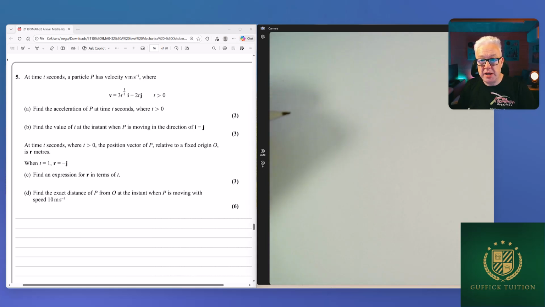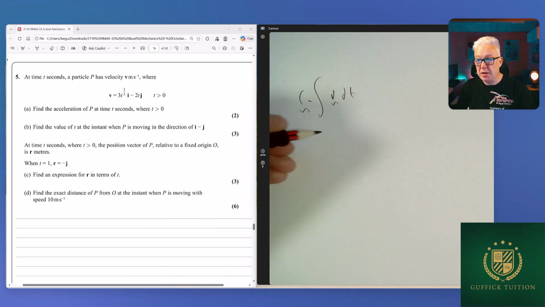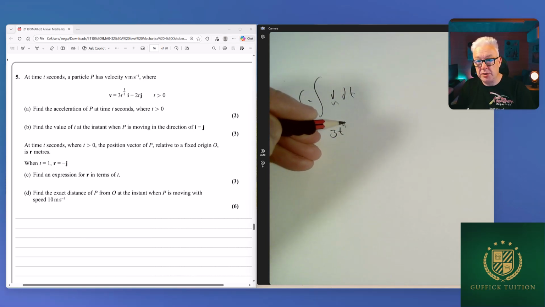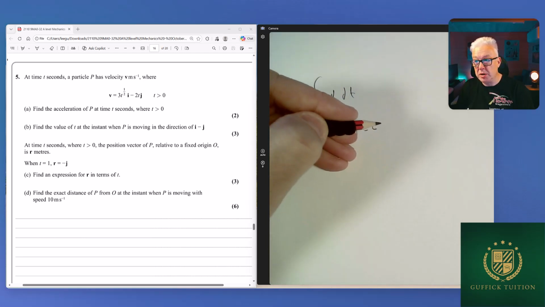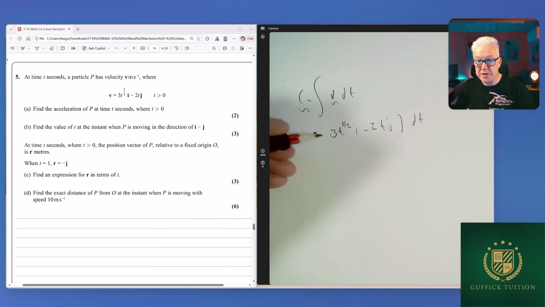So we just need to say that our position vector r is equal to the integral of the velocity with respect to time. So we're going to take our 3t⁻⁴ minus 2tj, and we're going to integrate that with respect to t to get an expression for r.